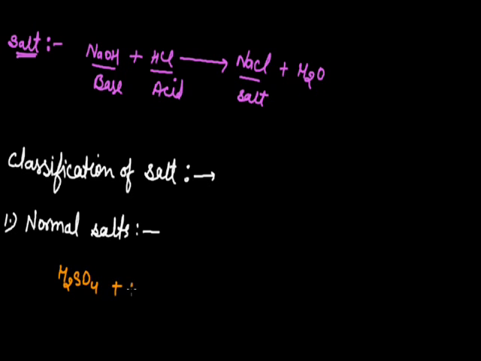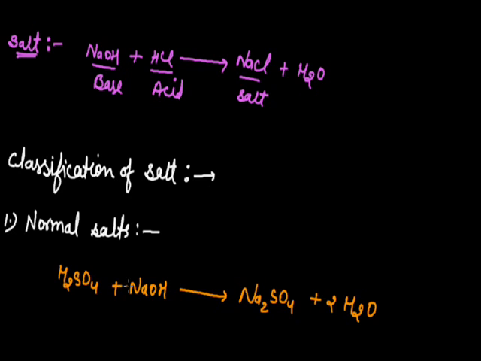When H2SO4 reacts with NaOH, that is sodium hydroxide, it produces Na2SO4 plus H2O. So in this example we can see that in H2SO4 two hydrogen atoms are present, and in NaOH one hydroxide ion is present.